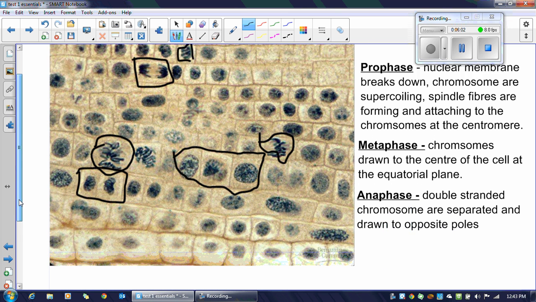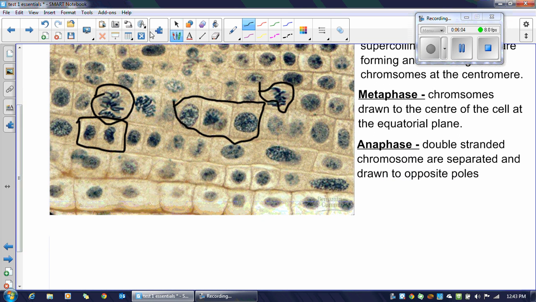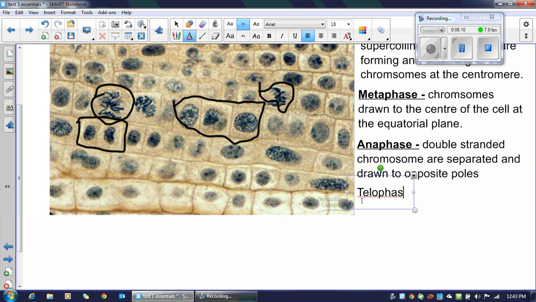I'll just scroll this down a little bit and let's type that in there. So telophase. Let's see if I can turn it off right this time. Yep.